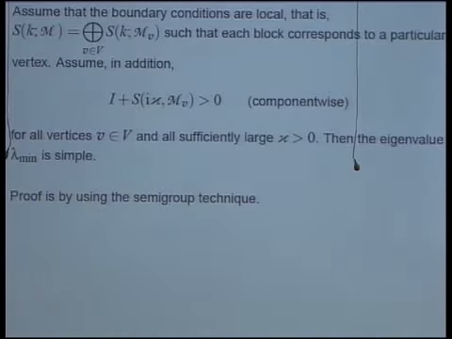So all elements of this matrix are strictly positive numbers. Then we can say the following. The lowest eigenvalue of the Laplace operator is simple. The proof actually is by using semigroups. Okay.